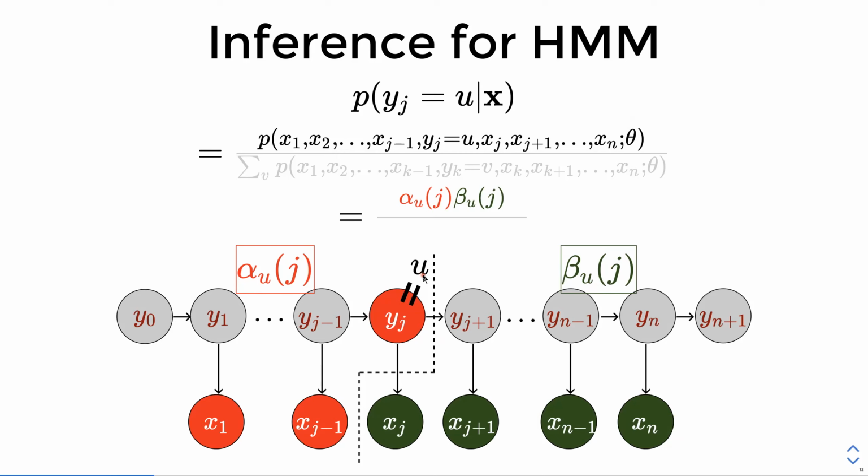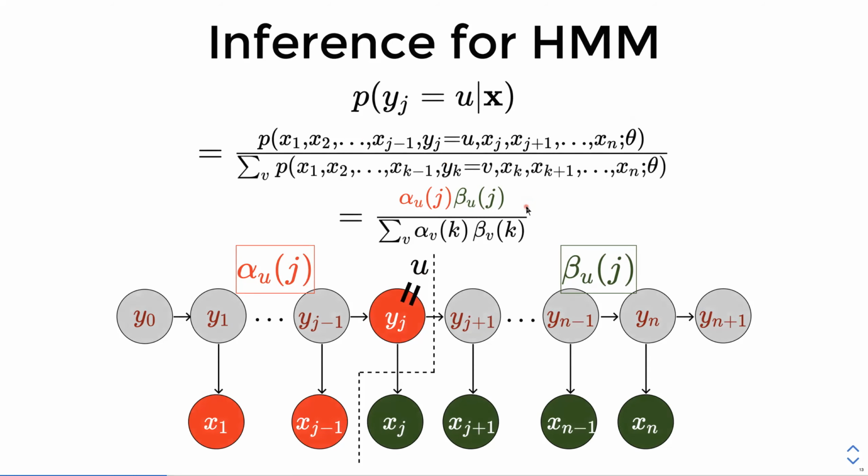With the definition of alpha and beta, we can rewrite this as a product of alpha and beta. Similarly, for the denominator, we can rewrite it as something like this.